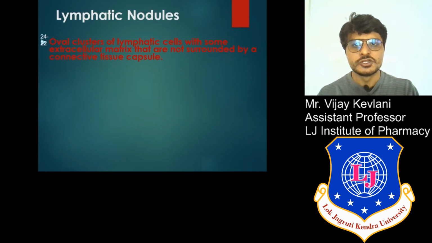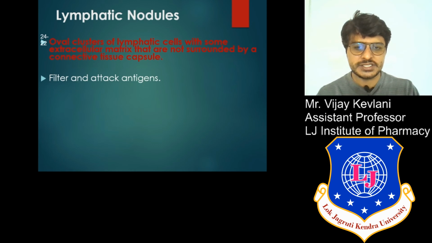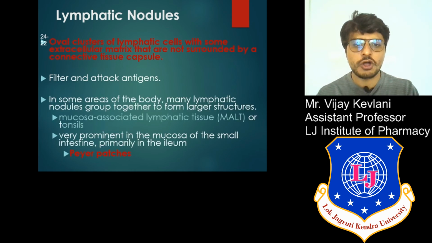Lymphatic nodules are oval clusters of lymphatic cells with some extracellular matrix that are not surrounded by a connective tissue capsule. They filter and attack antigens, and in some areas of the body many lymphatic nodules are together to form large structures, that is mucosa associated lymphatic tissue, or MALT. It is very prominent in the mucosa of the small intestine, primarily in the ileum.